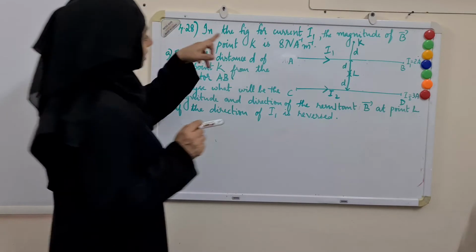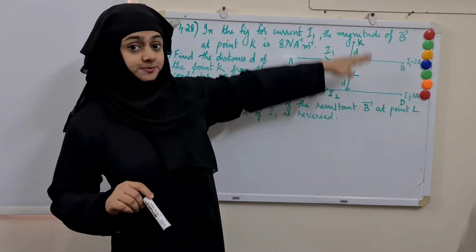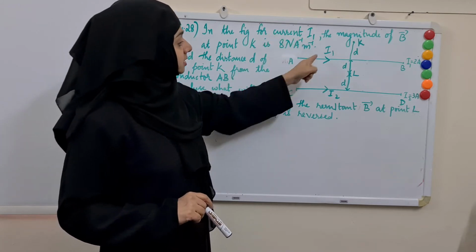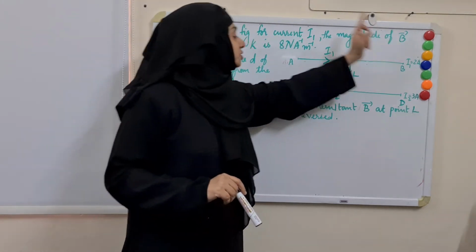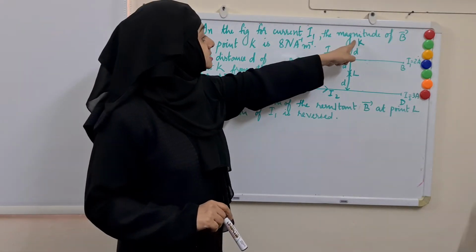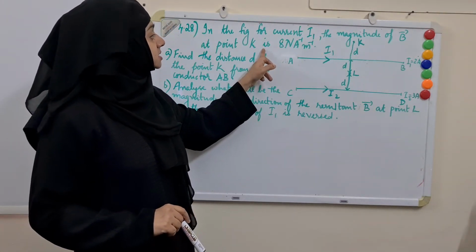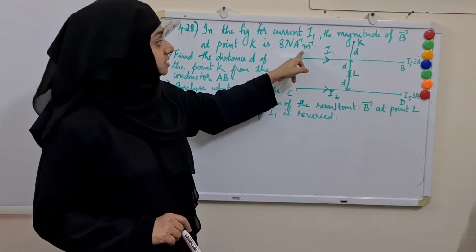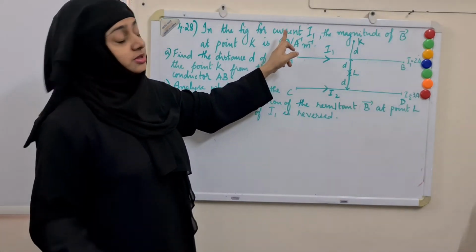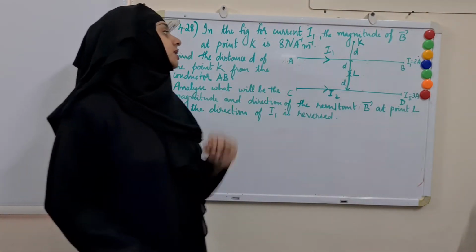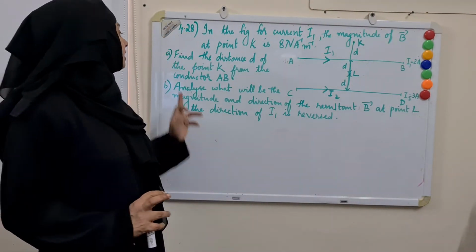In the figure, so this is the figure, for current I1, the magnitude of magnetic field at point K, this is point K, is 8 Newton per ampere per meter, same as Tesla. So it's 8 Tesla here at K. Agree?